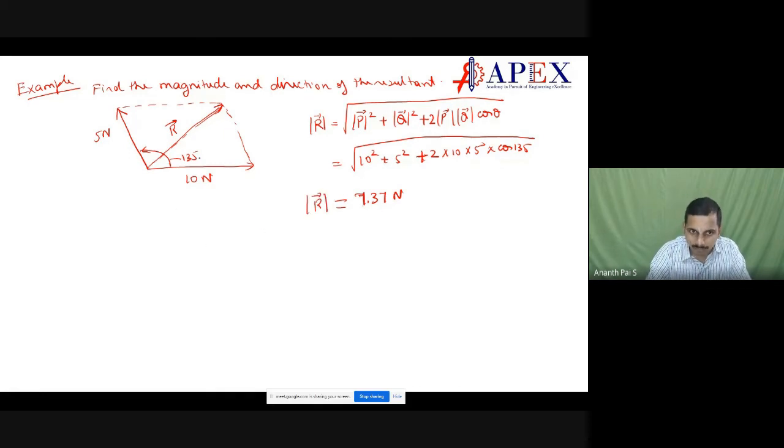Okay. Now the same thing, if you say this is A, this is B, this is C, and this is D. Now the same thing can be written as, you can say 10 Newton over here. And then we can take 5 Newton like this, very important, with this being A, this being B, this being C. And then I can put R over here.